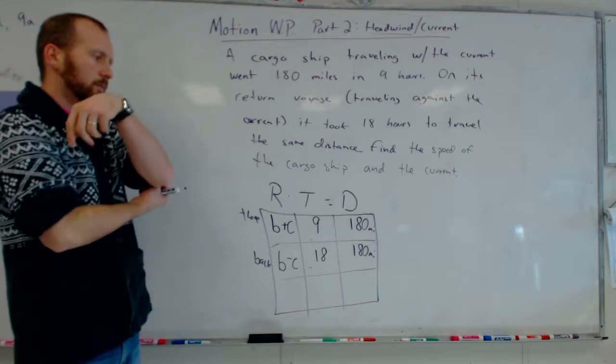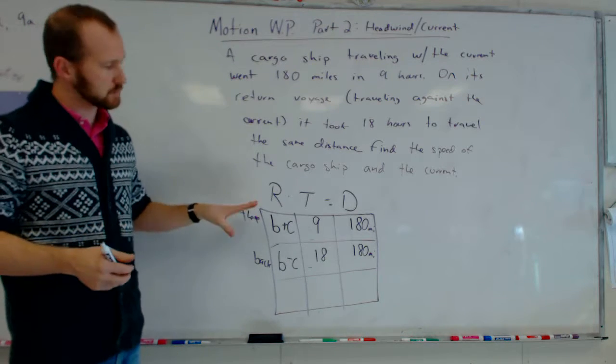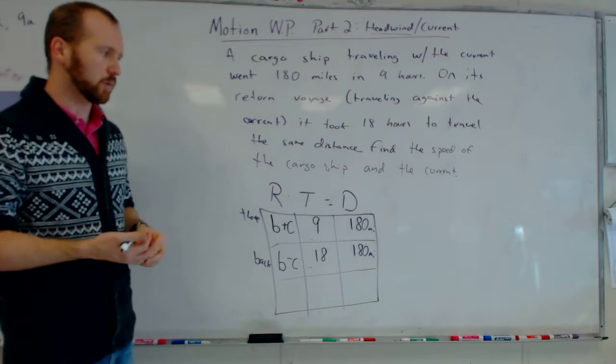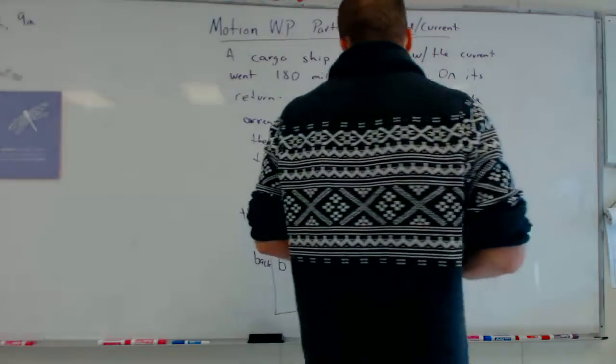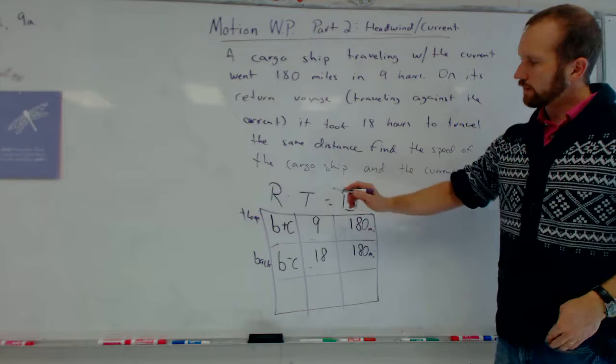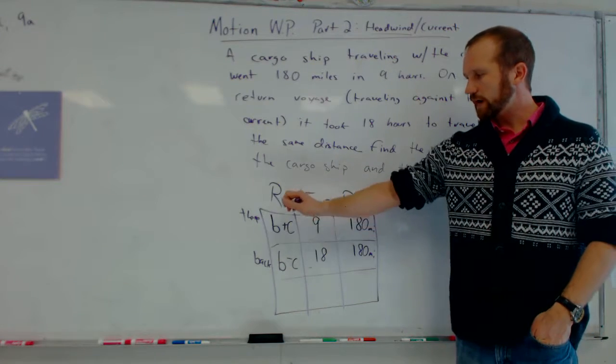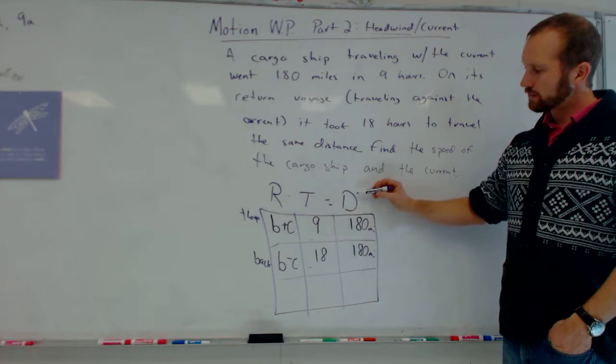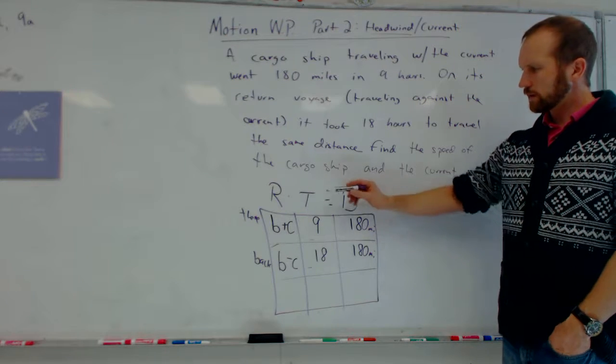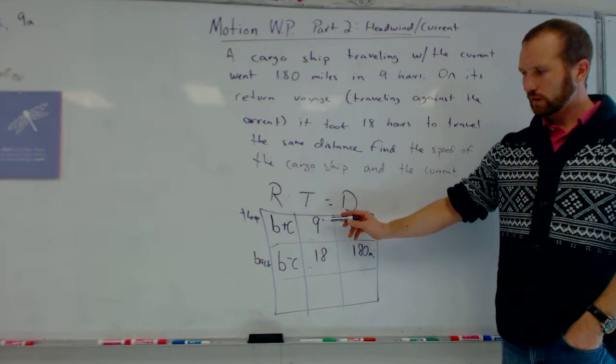So there's a couple ways that you could solve this from here. I'll show you one of them. We know that if rate times time equals distance, the overall rate would just be the distance, 180 miles, divided by the time, 9 hours.